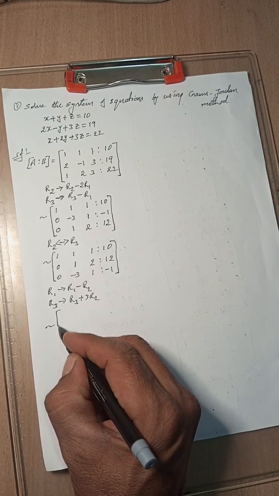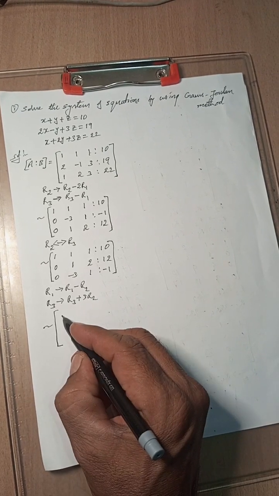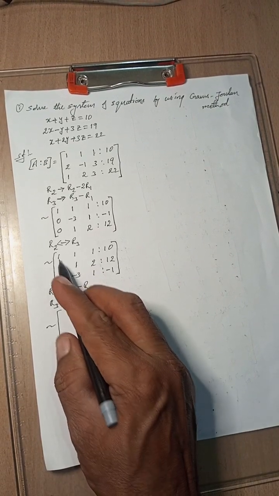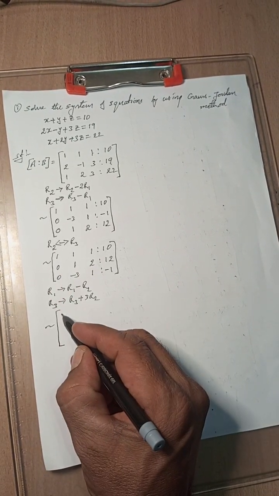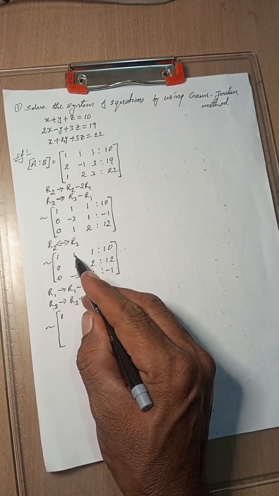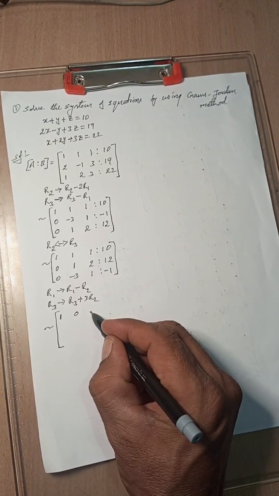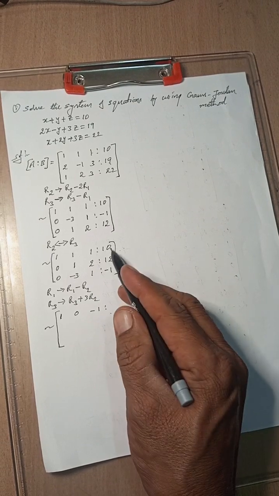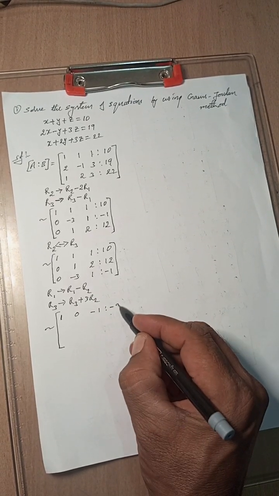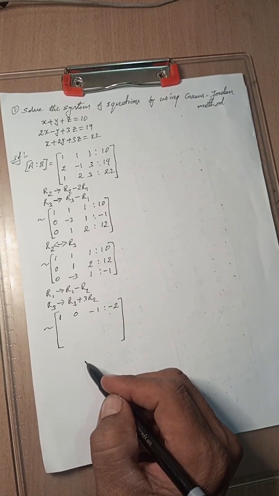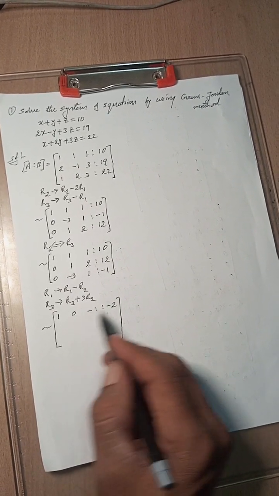So the resulting matrix is equivalent to: first row changed as R1 minus R2, that is 1 minus 0, equal to 1 only. 1 minus 1 is 0, 1 minus 2 is minus 1. Next 10 minus 12, that is minus 2.